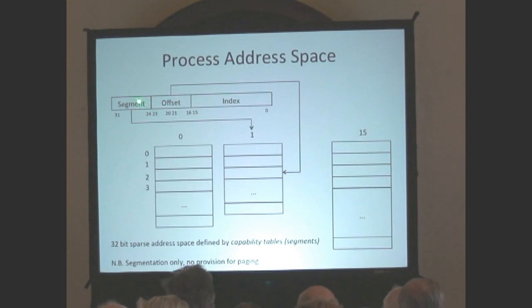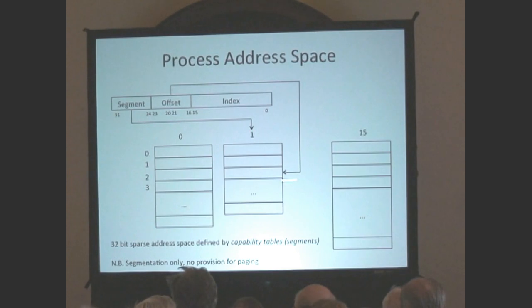There would be 8 bits of a segment number, which said which capability segment was being referenced, and 8 bits of an offset that would count down that capability segment and select a capability, and that capability would describe an area of memory. And then the index would be relative to that. So essentially you had virtual addressing, because obviously all this would be mapped to absolute addresses somewhere else. These were virtual addresses, the capability gave you the absolute address, you added the index to it, and then you knew what to send off to the store. So fairly straightforward segmented addressing.